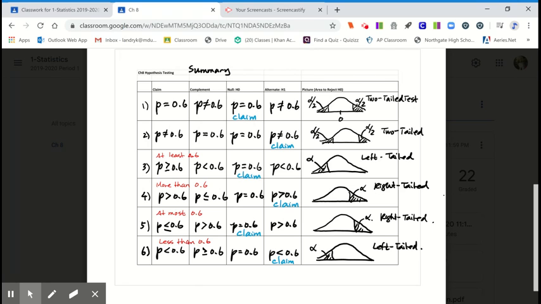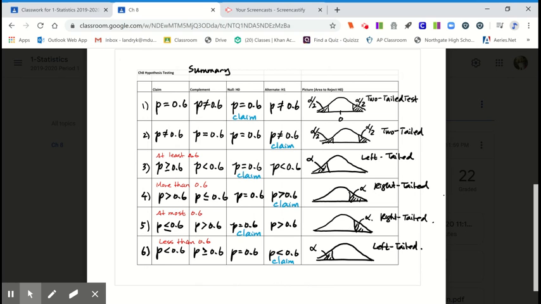The complement ends up in the null hypothesis, which is equal to, so these two pair up. And so the alternate hypothesis becomes P is less than 0.6, which happens to be the claim. So the claim and the alternate pair up.